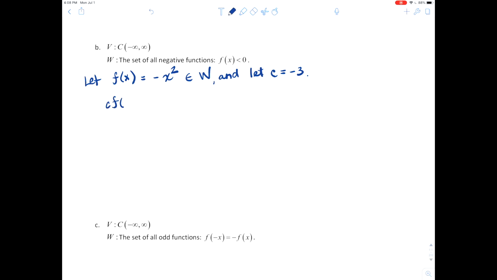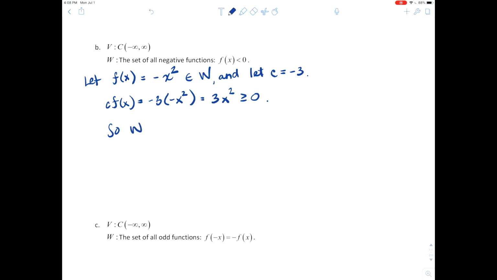c times f of x would equal negative 3 times negative x squared, which is equal to 3x squared, and that is always going to be greater than or equal to 0. Right?